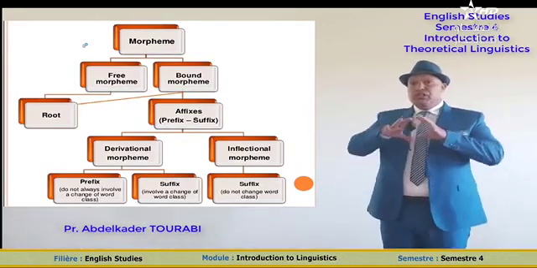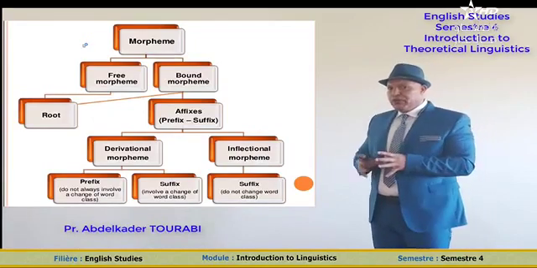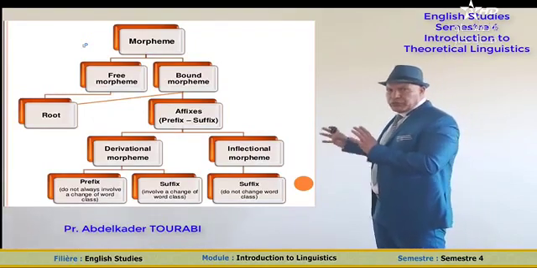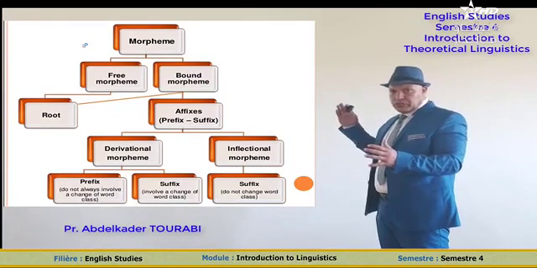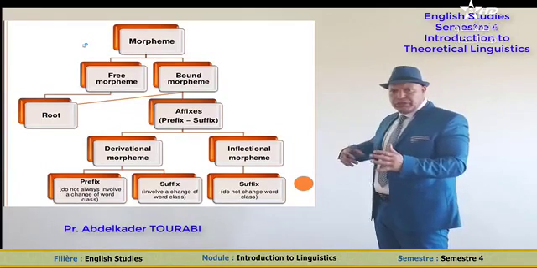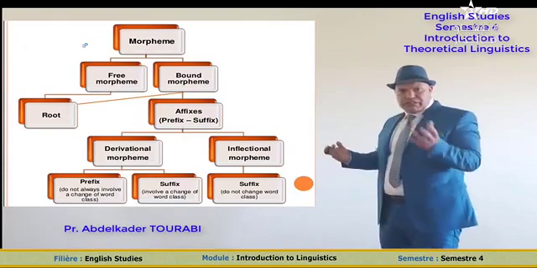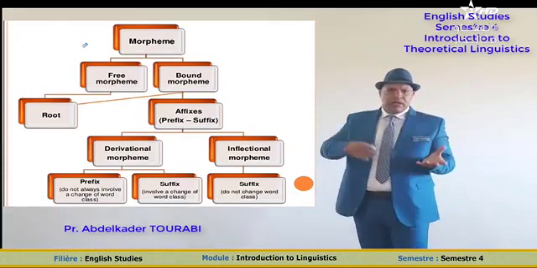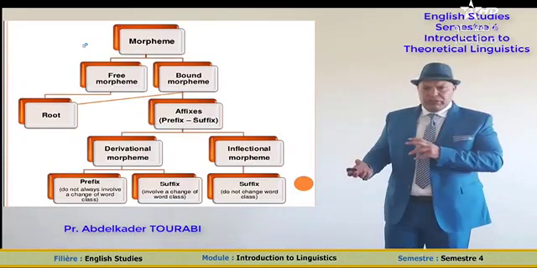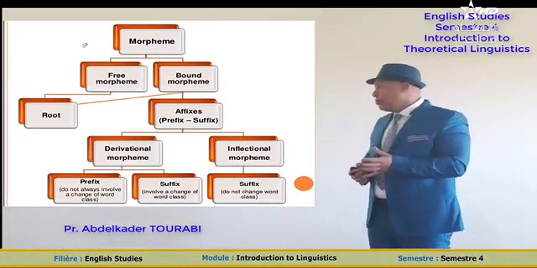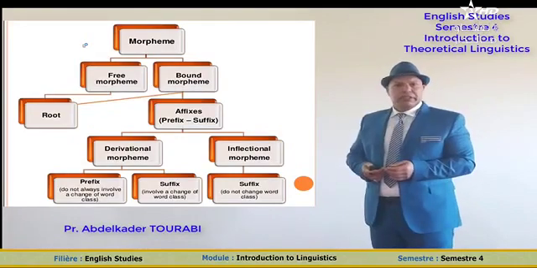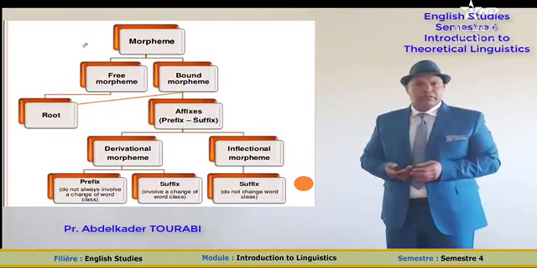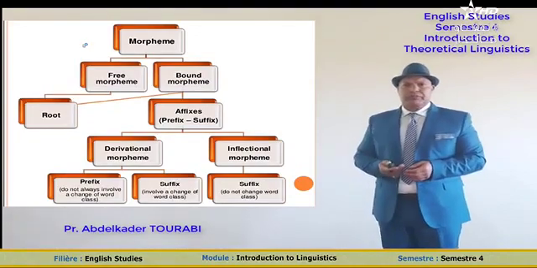So this chart summarizes all the types we have seen in the whole course: bound and free morphemes, affixes, suffixes, prefixes, inflectional morphology, derivational morphology. All these constitute the course we have dealt with in morphology and constitute the word in general.